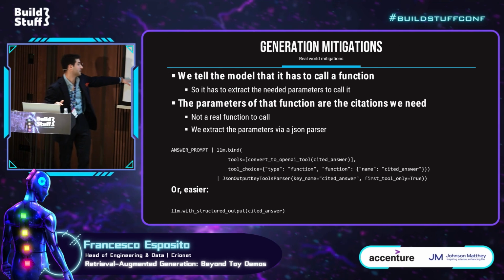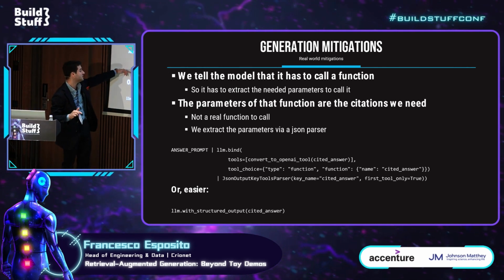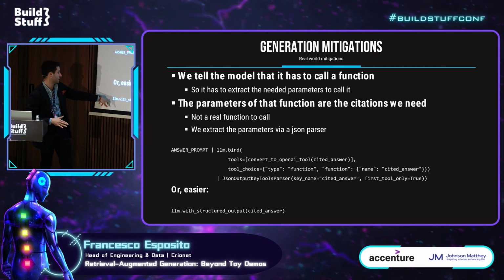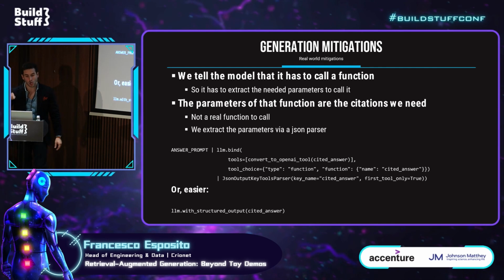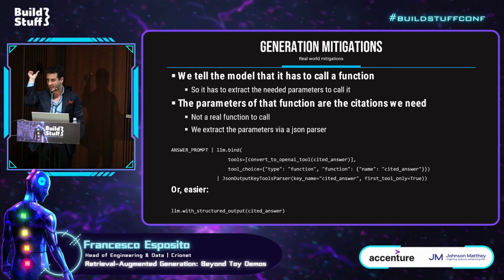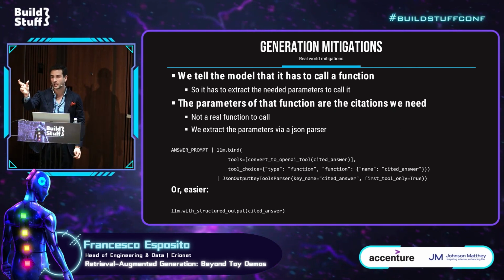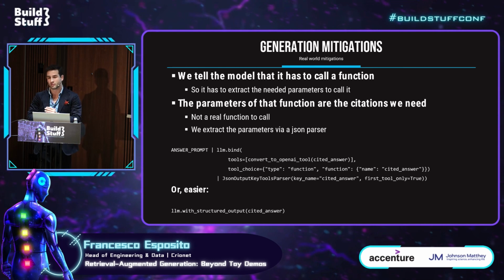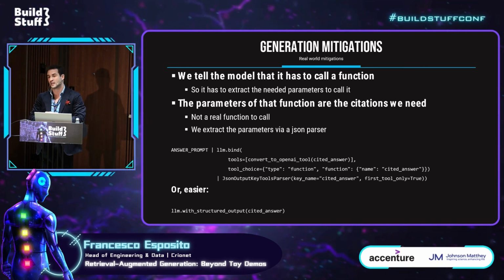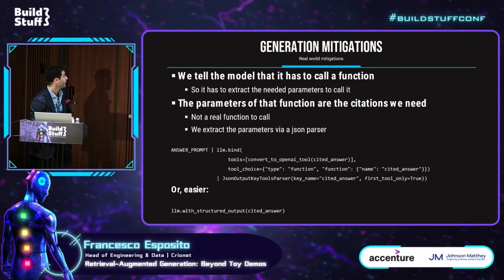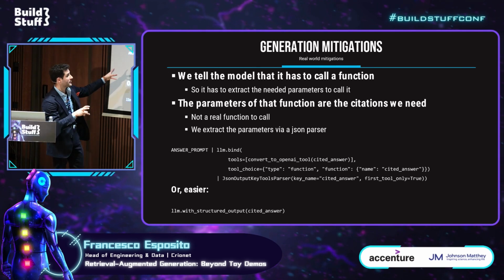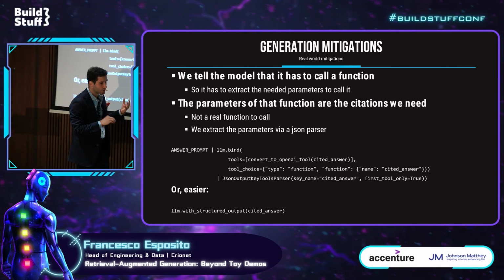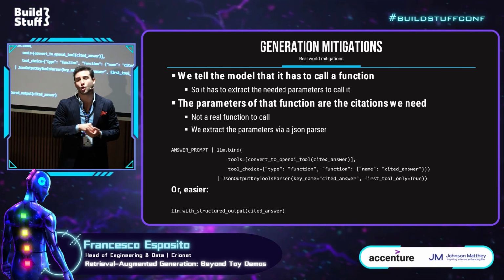From the code perspective, it can look like this, or easier with LangChain like this: LLM dot with structured output, passing the output we want in terms of, in this case, a Pydantic schema. What happens under the hood is that we're leveraging the function calling capabilities.